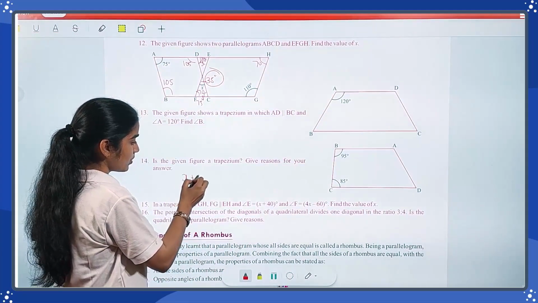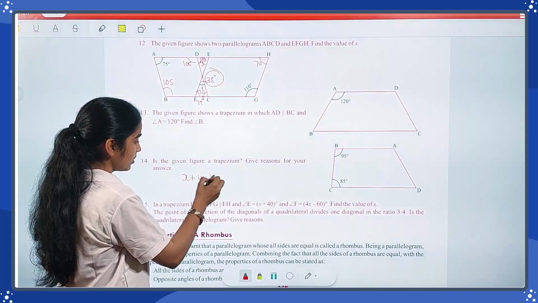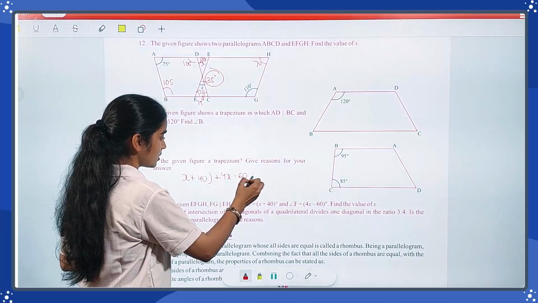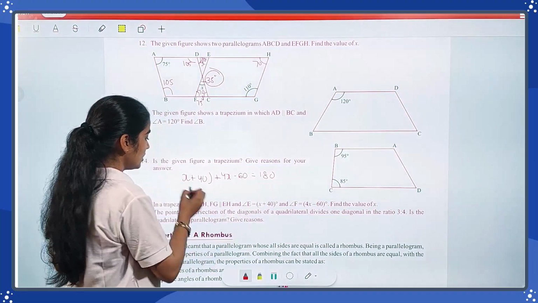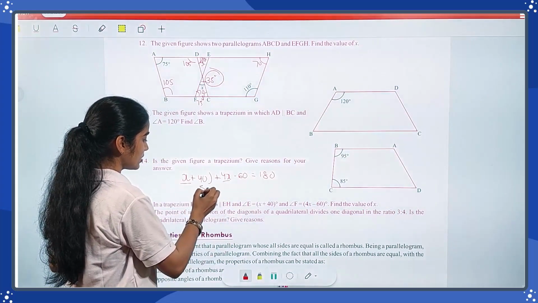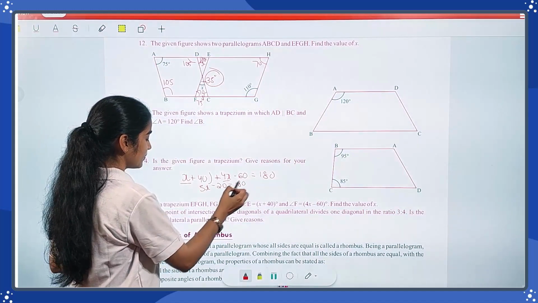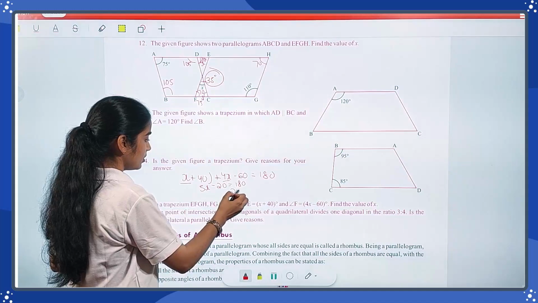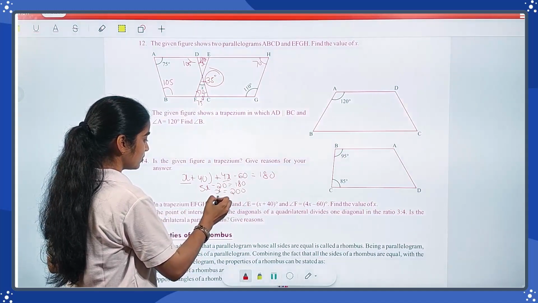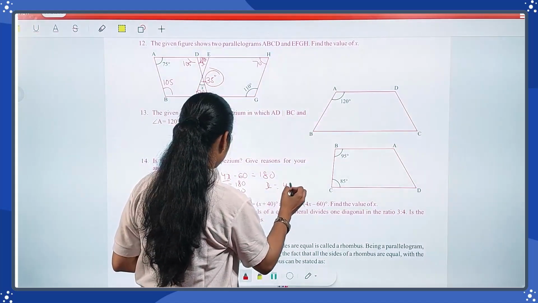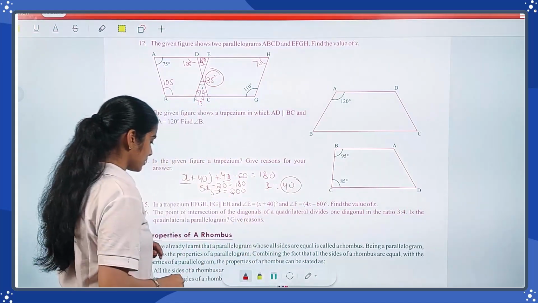So x plus 40 plus 4x minus 60 is equal to 180. x and 4x, 5x minus 20 is equal to 180, 5x is 200, and x is equal to 40. So this is your answer.